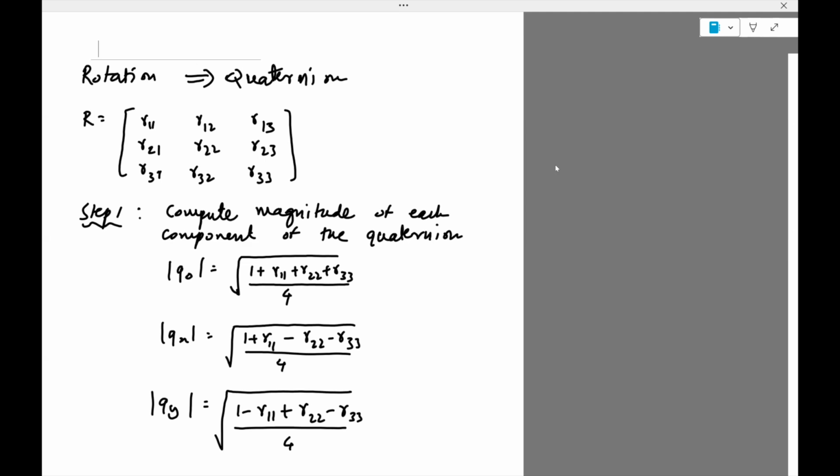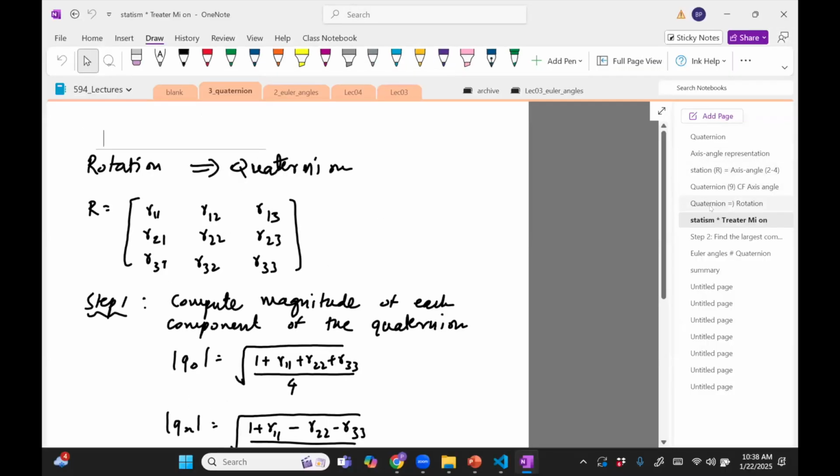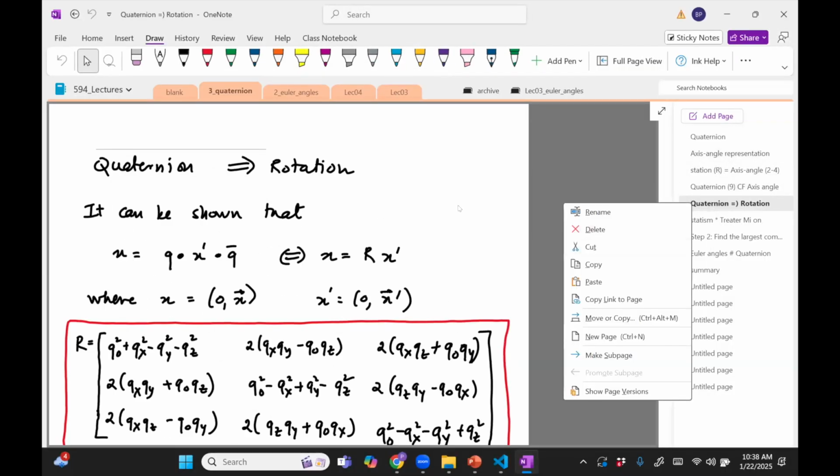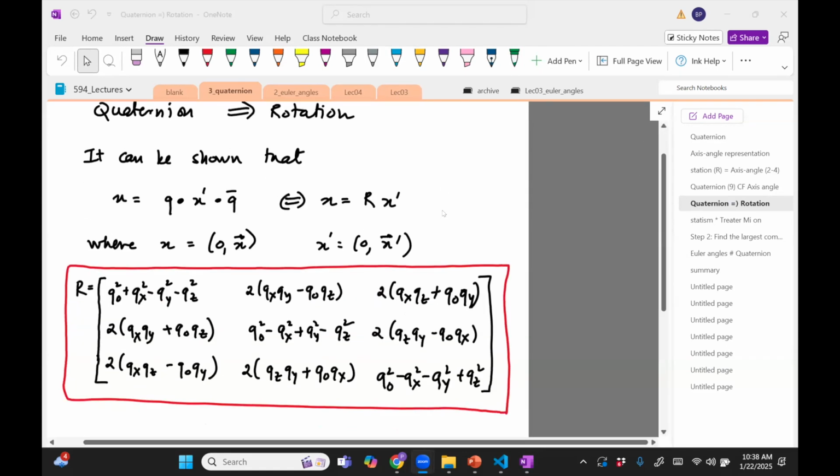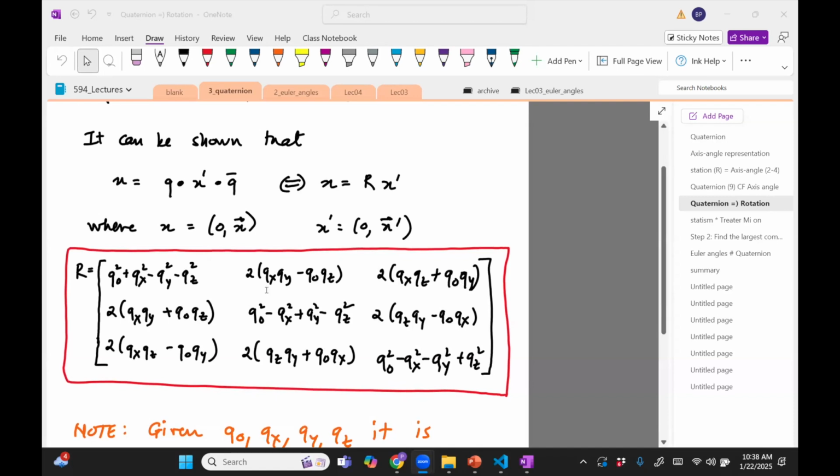If you look carefully at this equation, take the diagonal elements and sum them up, you can solve for q0, qx, qy, and qz.